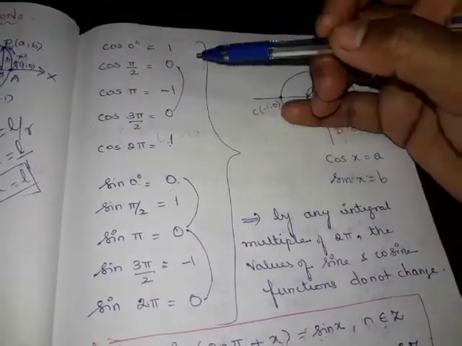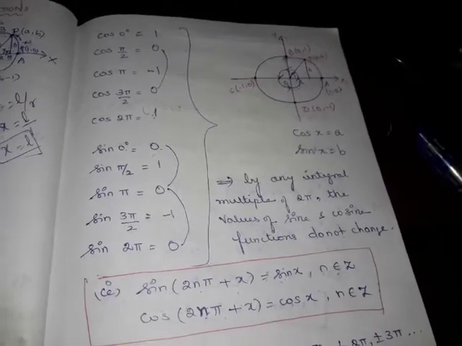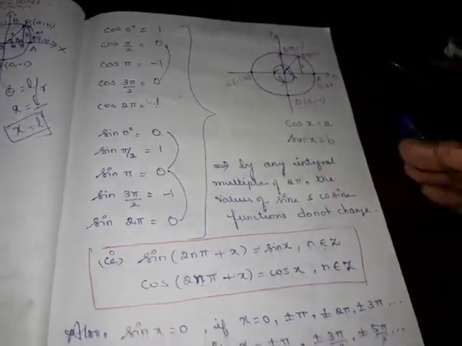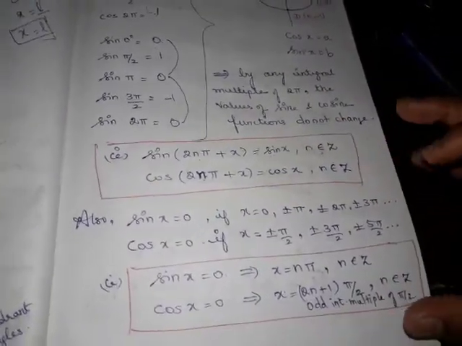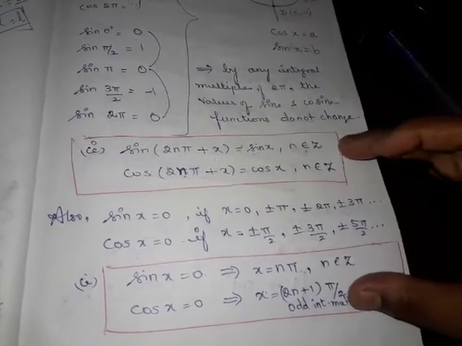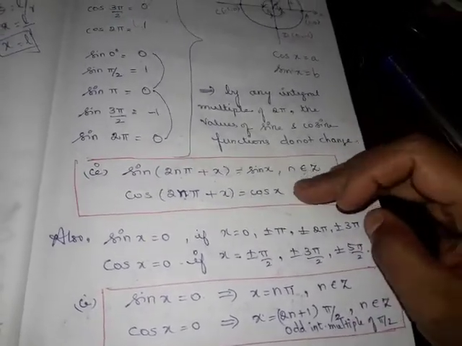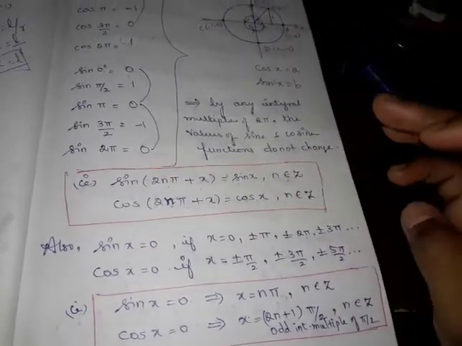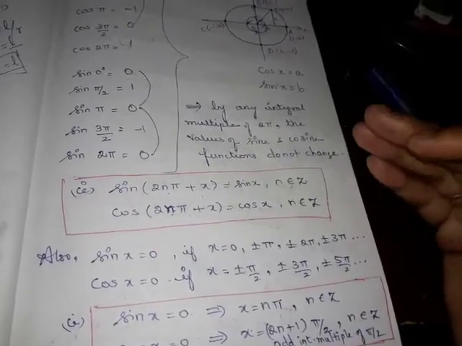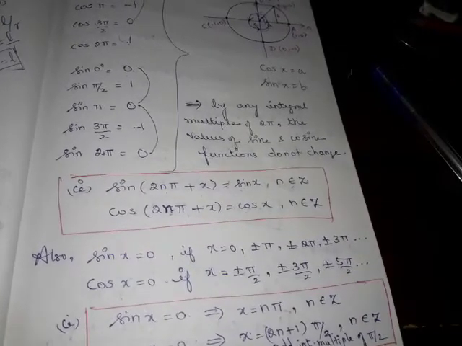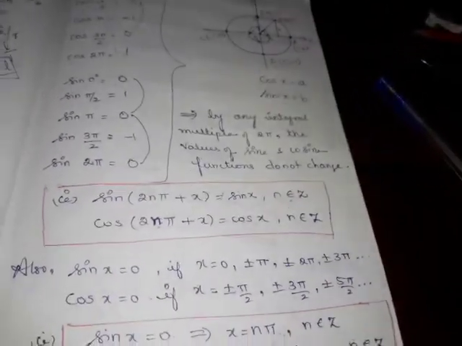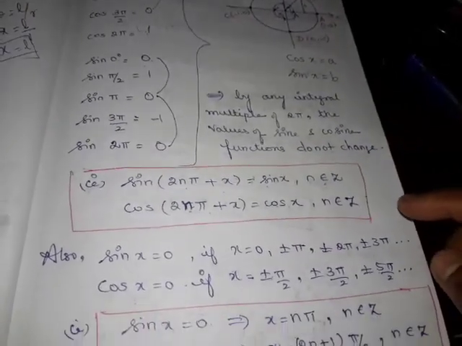Then we stated the cos and sine values for all the integral multiples, and analyzing these values we found two inferences. We came to a conclusion that the sine value and the cos value will remain the same in every integral multiple of 2 pi. That is, there is no change in the sine and the cos functions in any integral multiple of 2 pi.